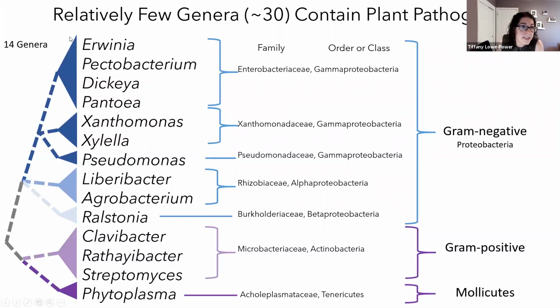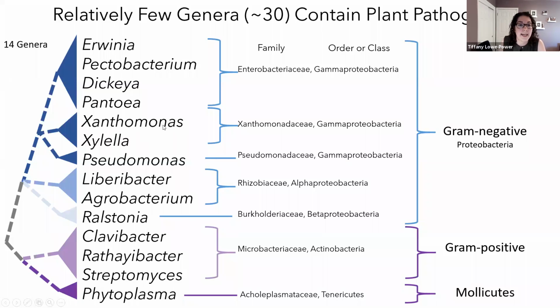This is not 30, but this is 14 genera that we're going to focus on in the next lecture, where I want to highlight that these are all very distant evolutionary groups. Here we've got family or order level classification, where I've just drawn cartoon triangles to represent that these genera are more closely related to each other than these other genera.